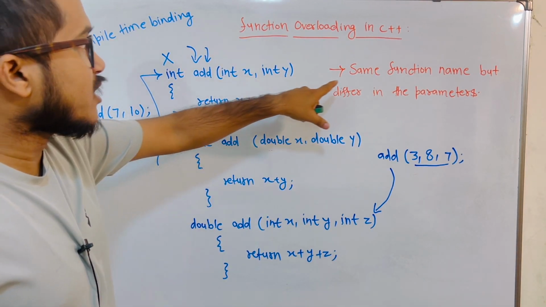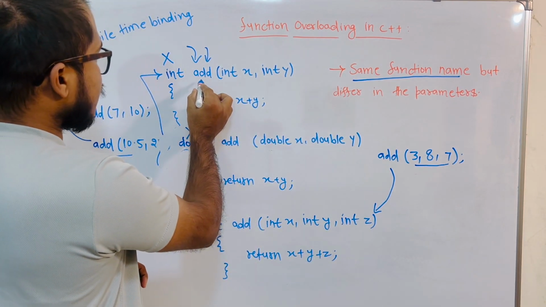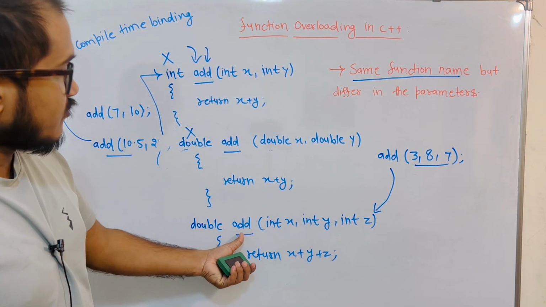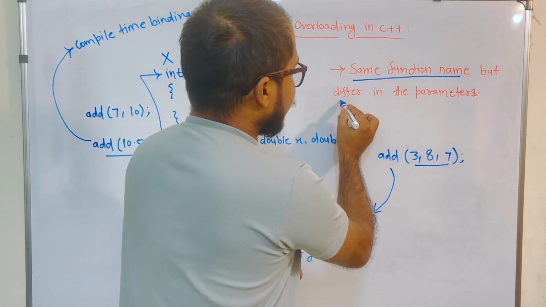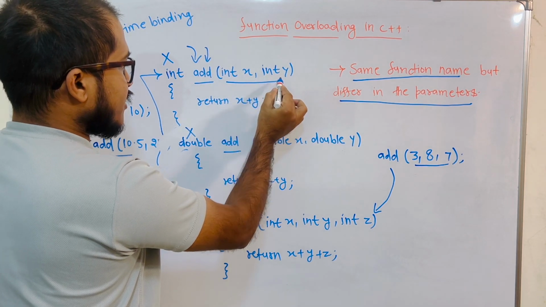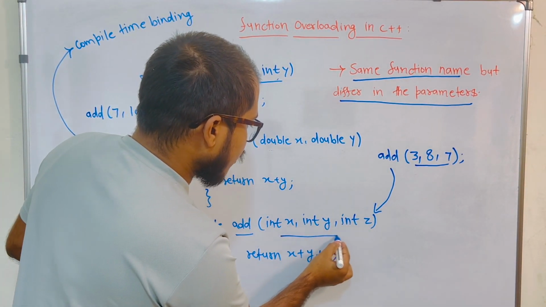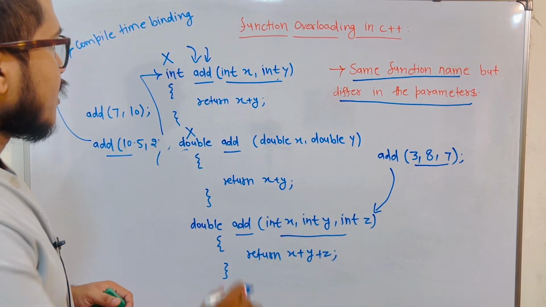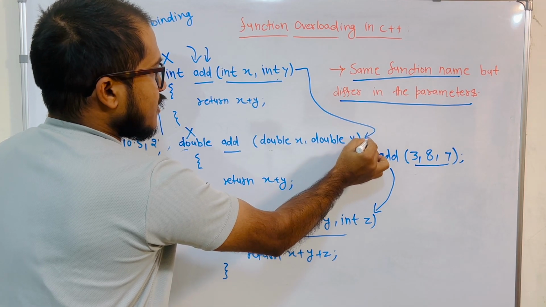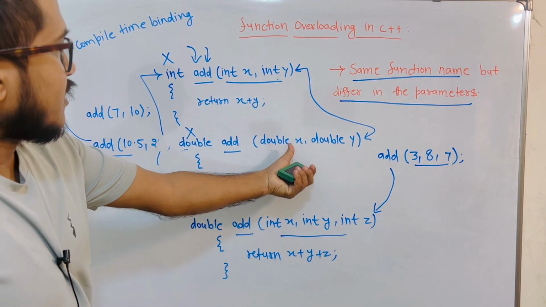So what is the meaning of function overloading? Same function name. Here all these functions have the same function name but differ in parameters. Either the number of arguments is different, like here the number of arguments is 2 and here it is 3, or even when the number of arguments is the same, the data type of arguments is different.